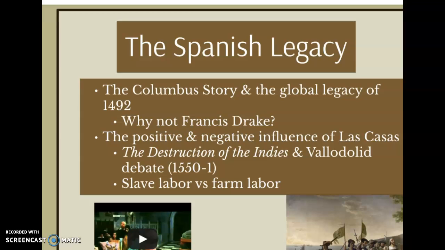The Valladolid debate is literally over the humanity of the indigenous. Are they human or are they not? Las Casas is going to argue yes, they deserve human rights. It's one of the first examples of universal human rights being espoused.